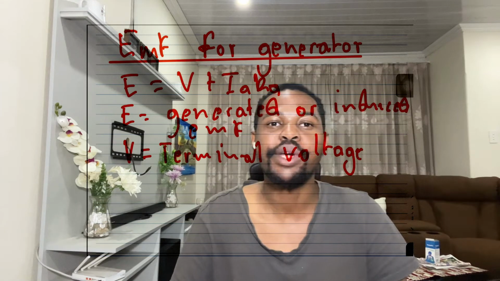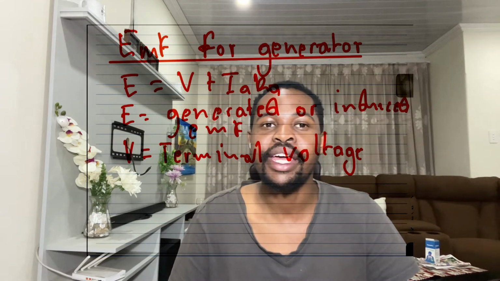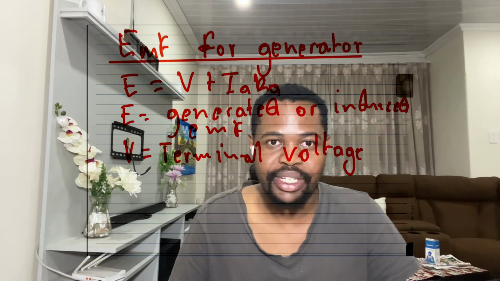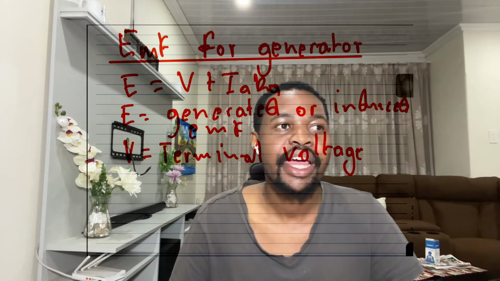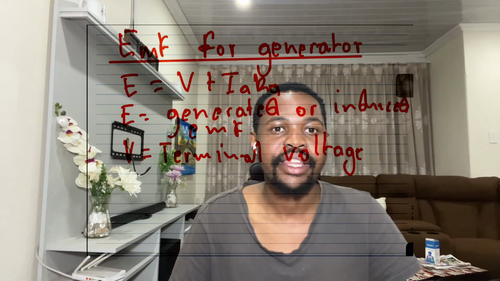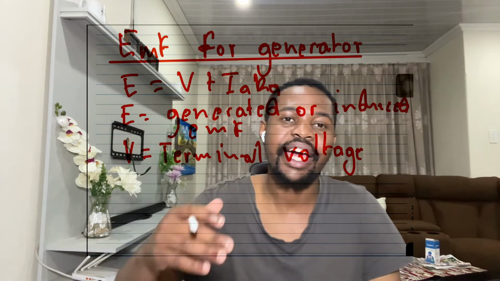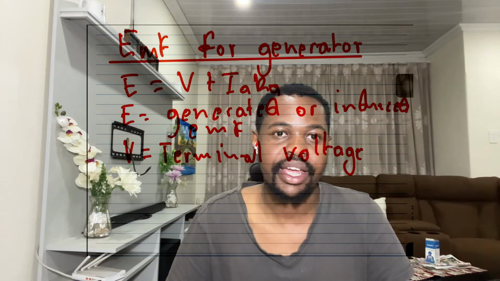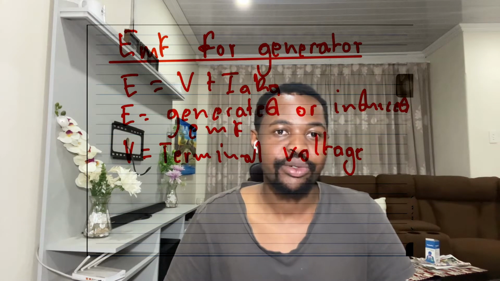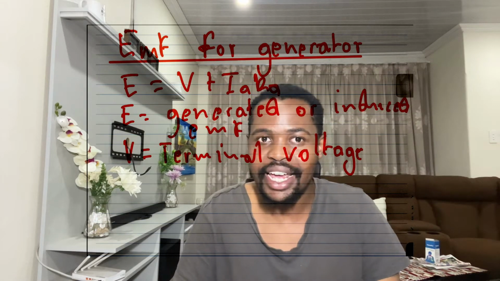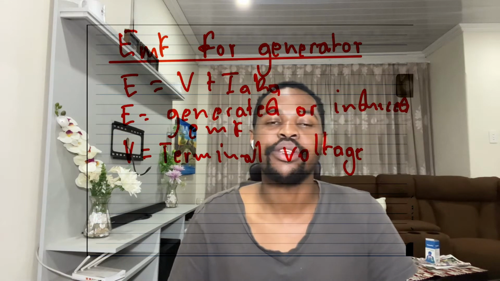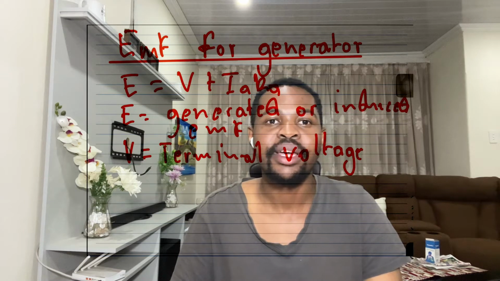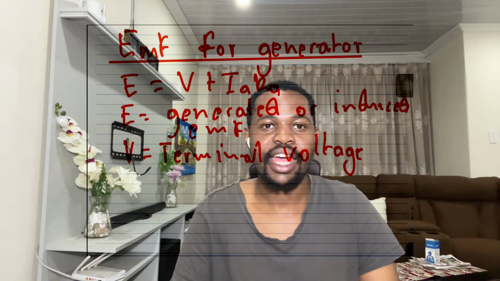If you remember when we were describing the EMF of a battery and the terminal voltage, if you take a battery and measure the voltage, you get a higher value when the battery is not connected to any circuit. When you connect it to a circuit, you get a slightly lesser value, because a battery has what we call an internal voltage drop. So this is the same case.